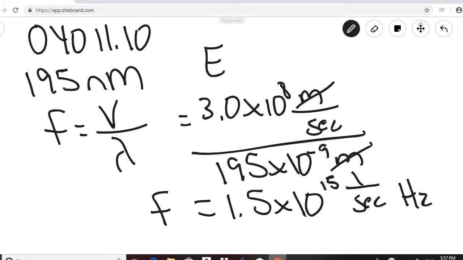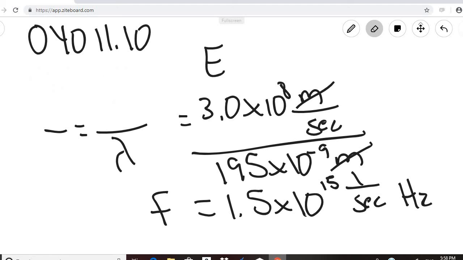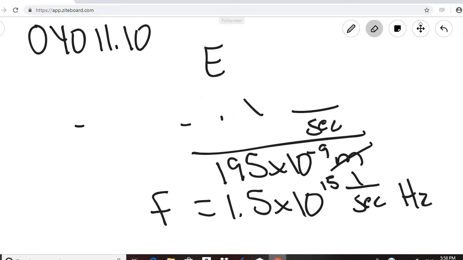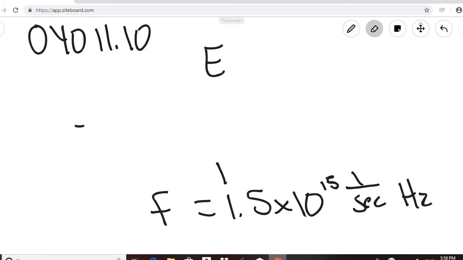Okay, so now with that frequency, we can look at E, the work function.